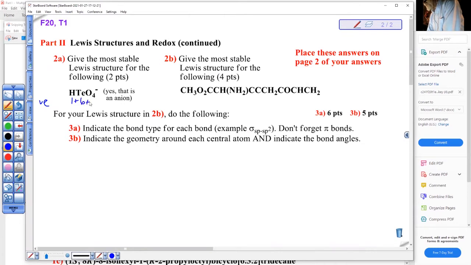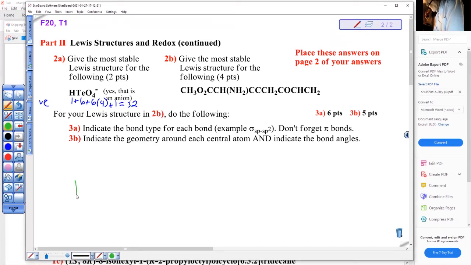Four oxygens, each with 6 valence electrons. And an anion has an extra valence electron. 5 times 6 is 30, plus 2 on the ends. So 32 electrons when we're done.